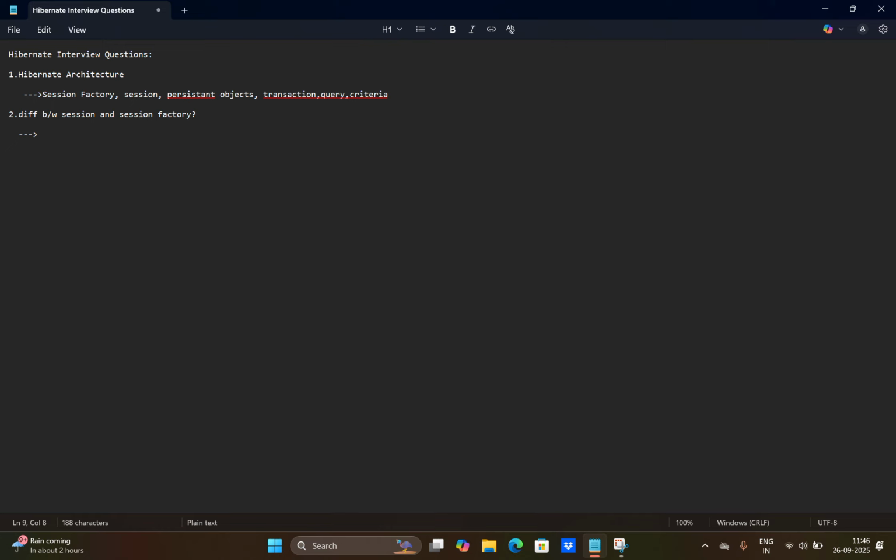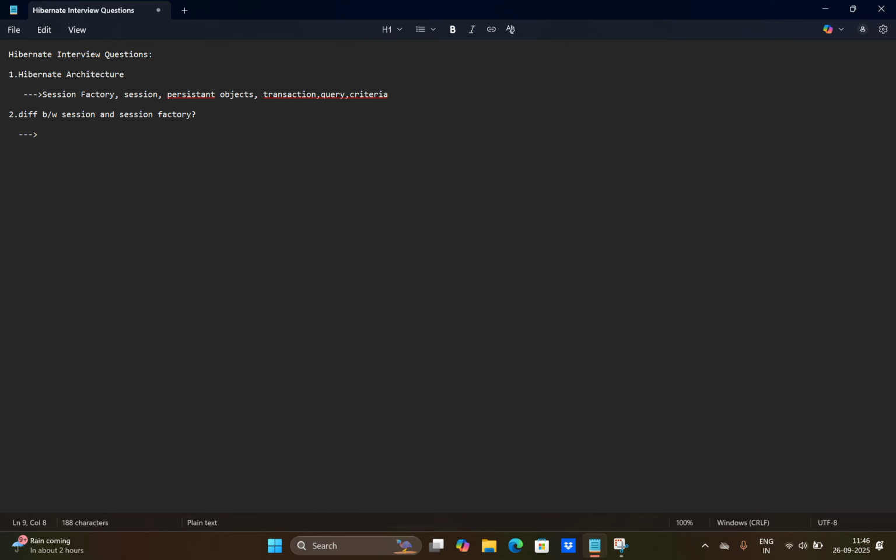A session factory creates new session instances and holds metadata about mapped classes. Coming to thread safety, a session is not thread safe, while a session factory is thread safe. A session manages the first level cache for objects retrieved or updated during its lifespan. The session factory manages the second level cache for caching objects across sessions.